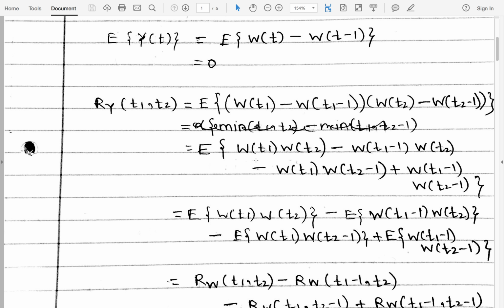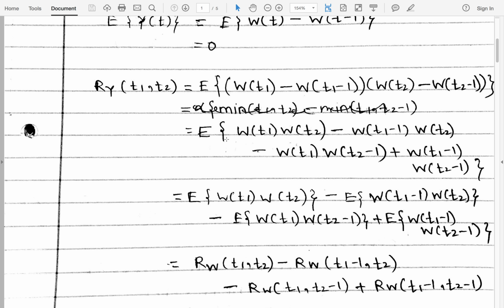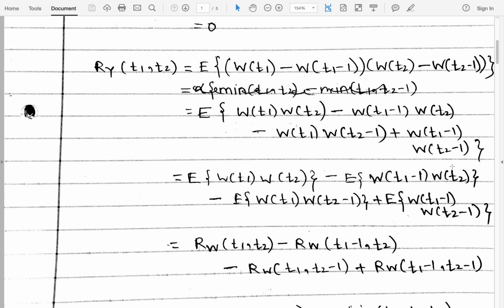Further expanding this, multiplying these two brackets, we get the mean function of Wt1 into Wt2, minus Wt1-1 into Wt2, minus Wt1 into Wt2-1, and minus minus plus Wt1-1 into Wt2-1.